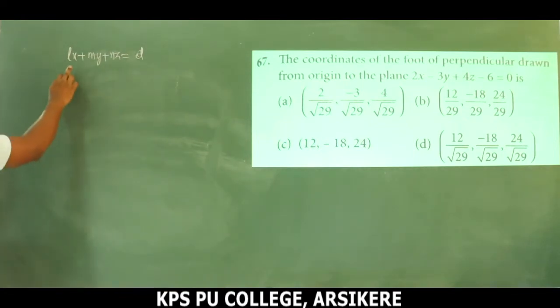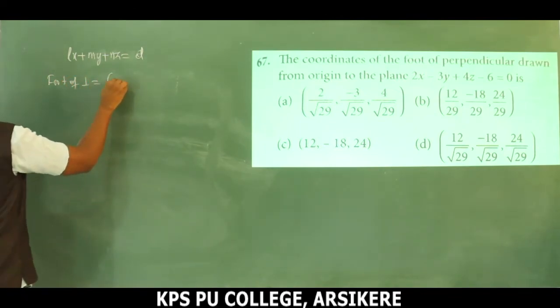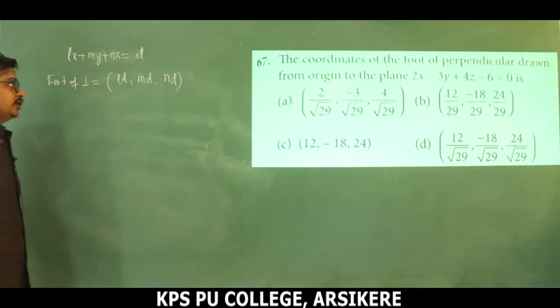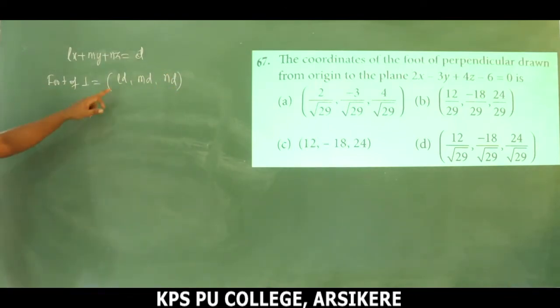So when we have this kind of equation of the plane, the foot of the perpendicular is equal to ld comma md comma nd. So this represents the foot of the perpendicular.